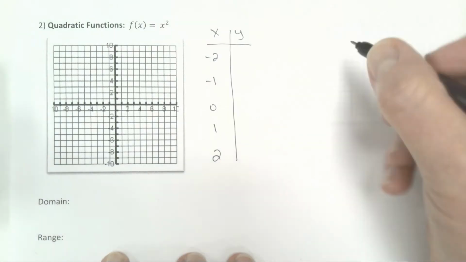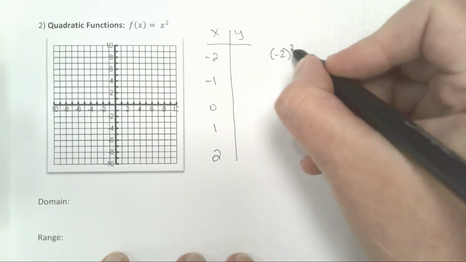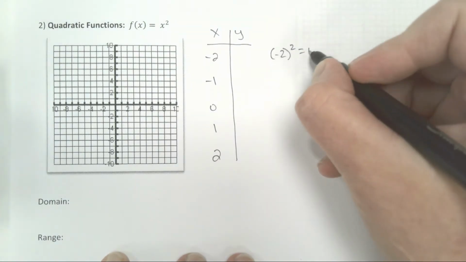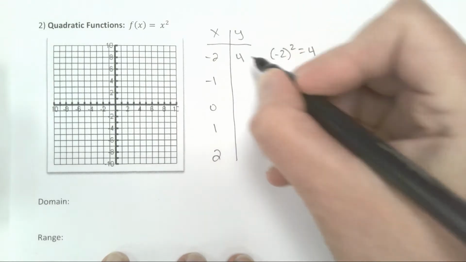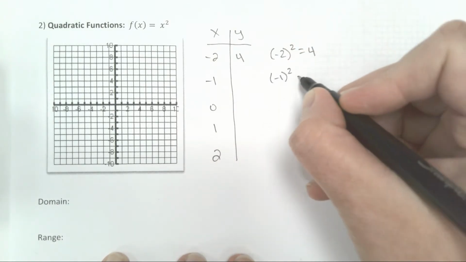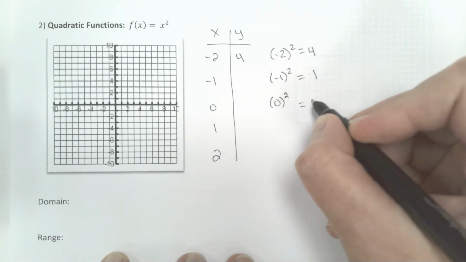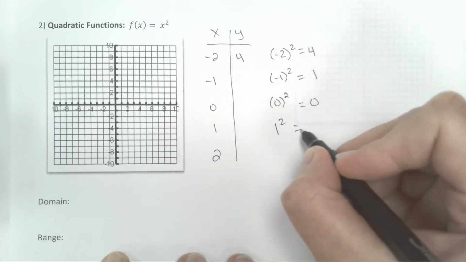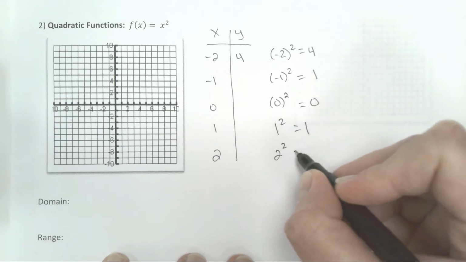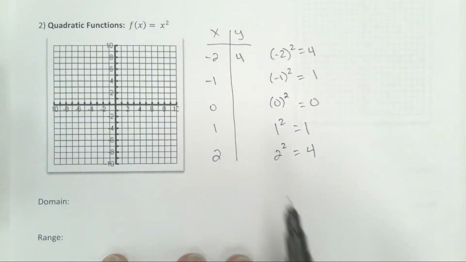So I'm going to plug these values in. So -2 squared equals +4. -1 squared is +1. 0 squared is 0. 1 squared is 1, and 2 squared is 4.